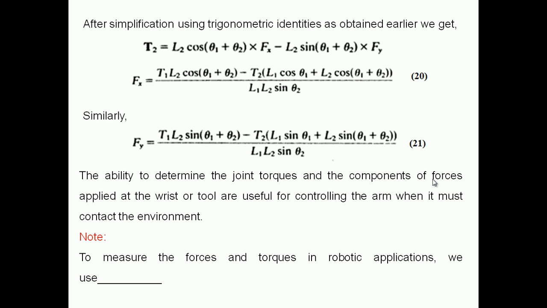And a simple question I want to ask you. To measure the forces and torques in robotic applications, we use... Most of them will think of something else because Sir is teaching you kinematics, but it's very simple. Somebody would have come across it, somebody would have said the answer.